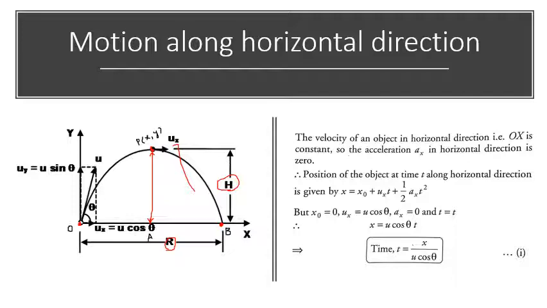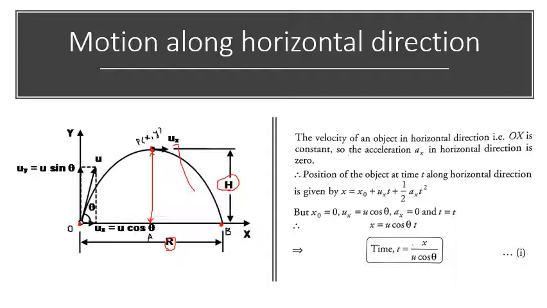We are talking about the horizontal direction alone, along the x axis alone. As I told you, x naught equals 0, ux is the horizontal component, that is u cos theta, and ax is 0 because the velocity is constant throughout the horizontal direction. So acceleration will be 0.